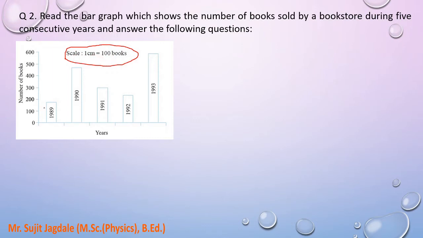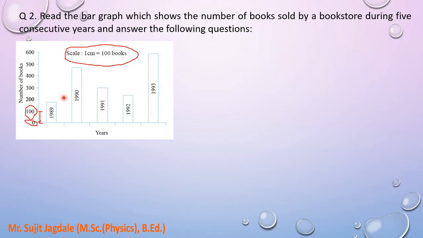Now scale means that from 0 up to 100, the distance on the vertical axis, the distance between 0 and 100, is 1 centimeter, and for that 1 centimeter, 100 books are mentioned.